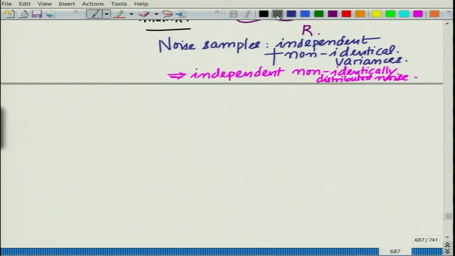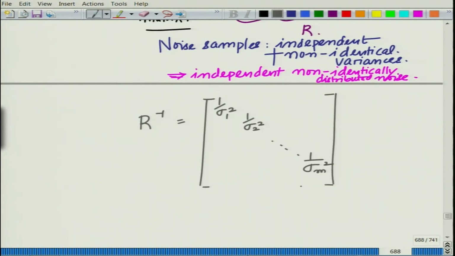And now if you look at R inverse, that will also be a diagonal matrix with all the diagonal entries inverted. So that will be 1 over sigma 1 square, 1 over sigma 2 square, so on, 1 over sigma m square. This is R inverse.